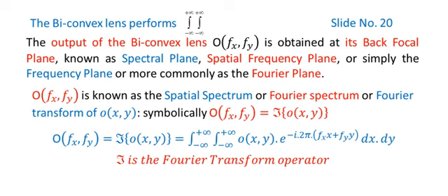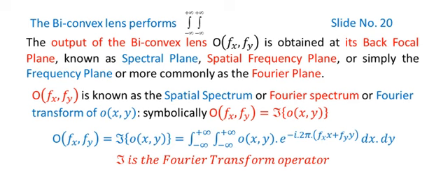This is the integral that we have reproduced from our previous slide, but in addition we have shown the Fourier operator operating on the small variable o. This means we are talking about the integral on the right hand side of this expression.